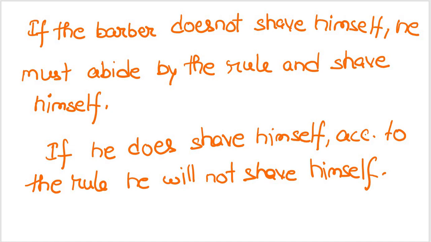So the point here, once again, is that this particular Russell's paradox is used in the foundations of mathematics, and this is also called Russell's antinomy. It was actually given by Bertrand Russell in the year 1901, and this basically gave us naive set theory.